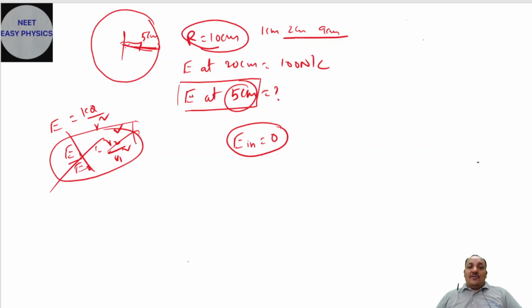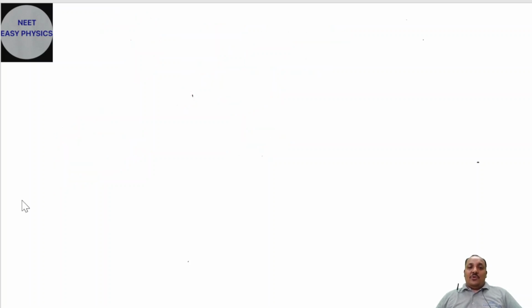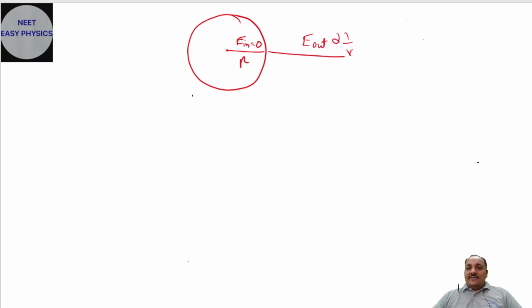And they will give one graph from this. Very, very important graph. So what is that graph? If it is a conductor, from center to surface, what will be electric field intensity we said? Inside it is going to be 0. Outside, E is inversely proportional to R square according to formula.